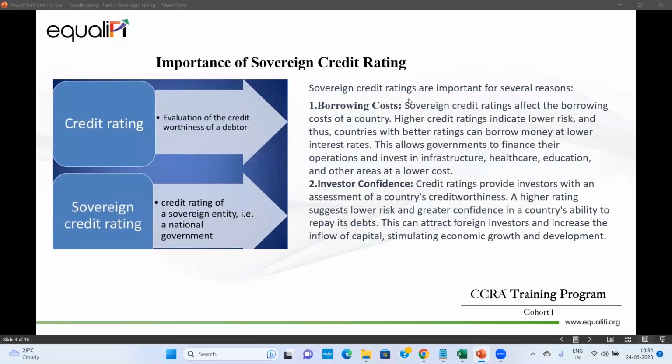I'll have to go to a third class NBFC and take a loan from them with a rate of interest of say 18%, 19%, 20%. So my cost of borrowing will be more, right? Similar thing for the country, right? And the cost of borrowing shows how much you're paying. So this is a big thing.